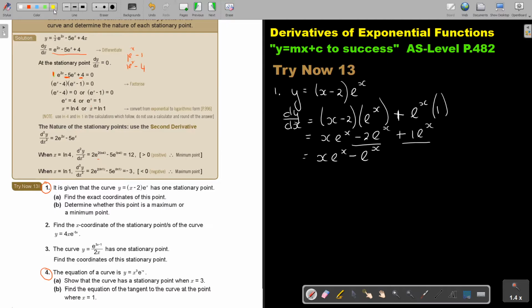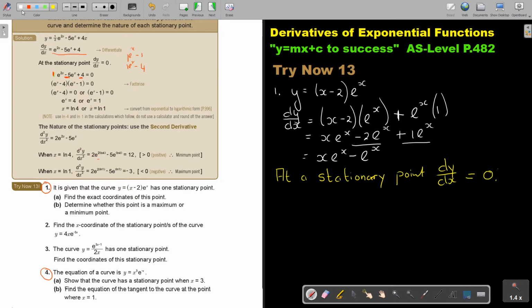But no, don't forget stationary points. So at a stationary point, what do I know? I know dy over dx will always be equal to 0.